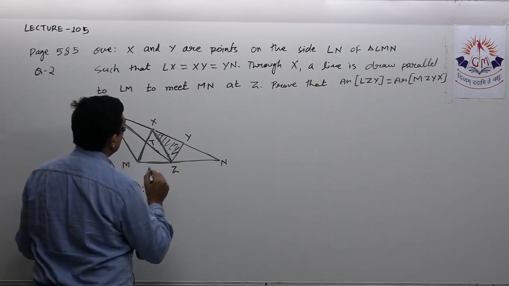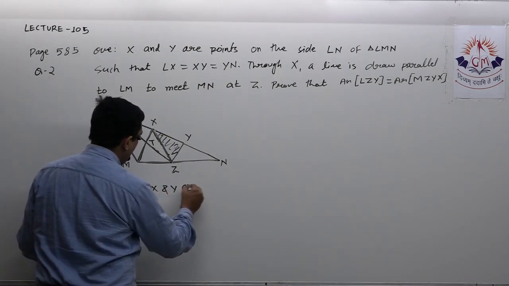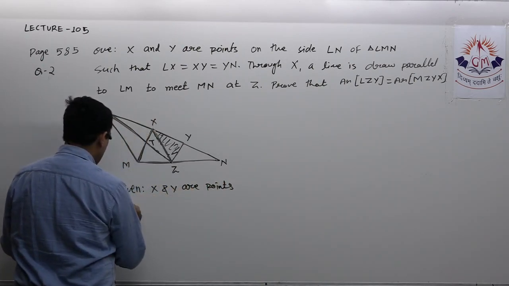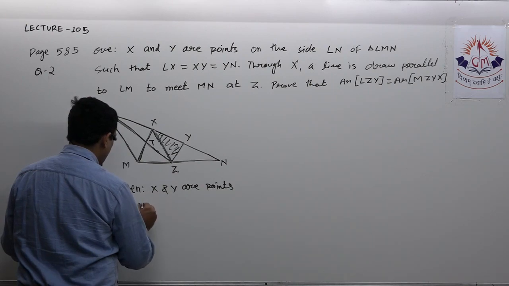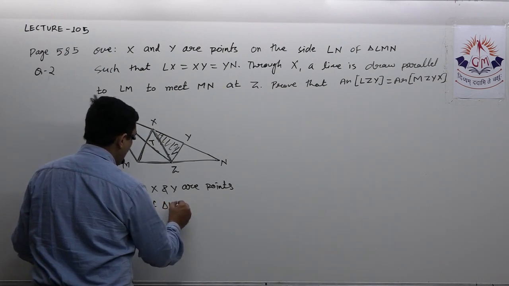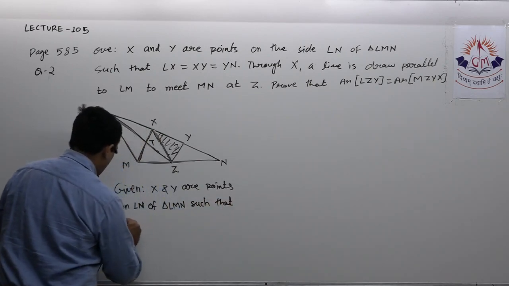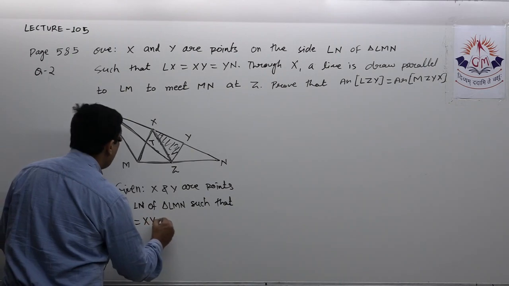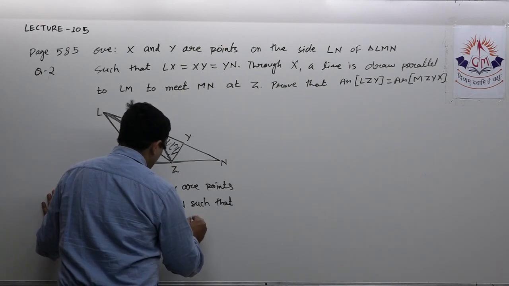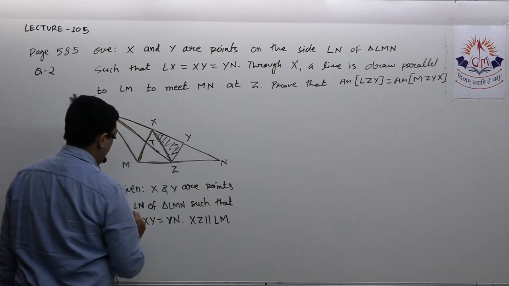So simply I will say, given: X and Y are points on LN of triangle LMN such that LX is equal to XY is equal to YN, XZ parallel to LM, that is given.